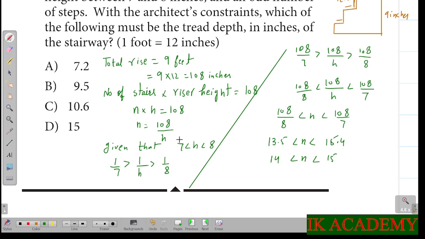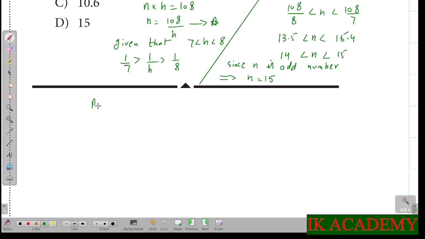So since n is an odd number, because the number of stairs should be an odd number, we are going to take n is equal to 15. Therefore, we are going to put n is equal to 15 in star.